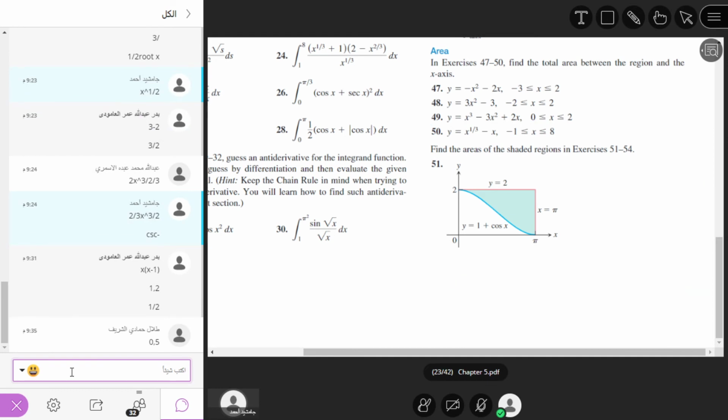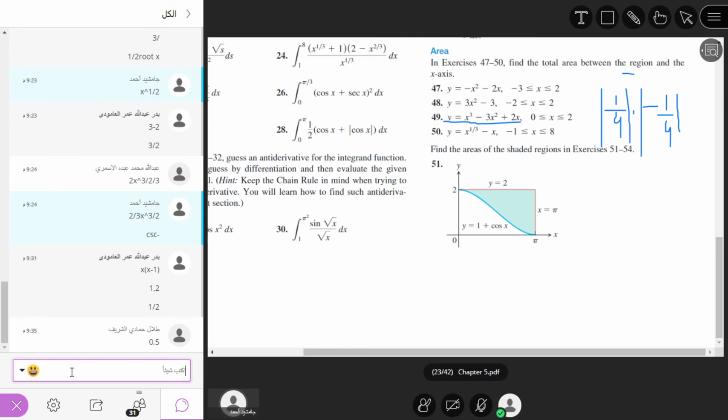Now, the integral over the first subinterval is equal to 1 by 4. The integral over the second subinterval is equal to minus 1 by 4. Whenever we take the absolute value, the absolute value of 1 by 4 is 1 by 4, and the absolute value of minus 1 by 4 is positive 1 by 4.